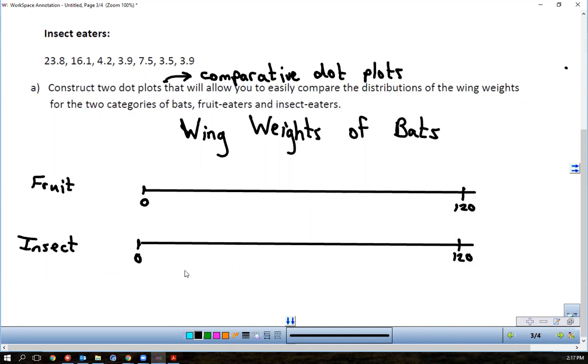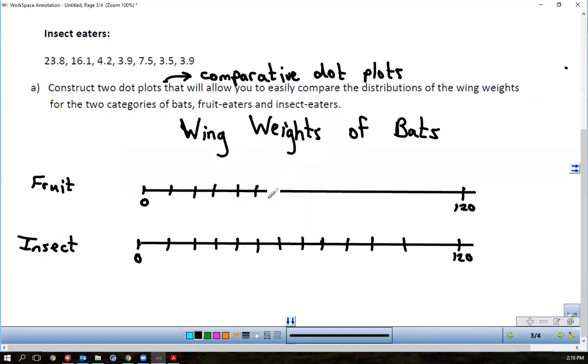Now, you can pick your scale. I'm going to do 10s. So 10, 20, 30, 40. What is it, 0 to 120? Yes. I've not drawn the scale, but we'll go with it.